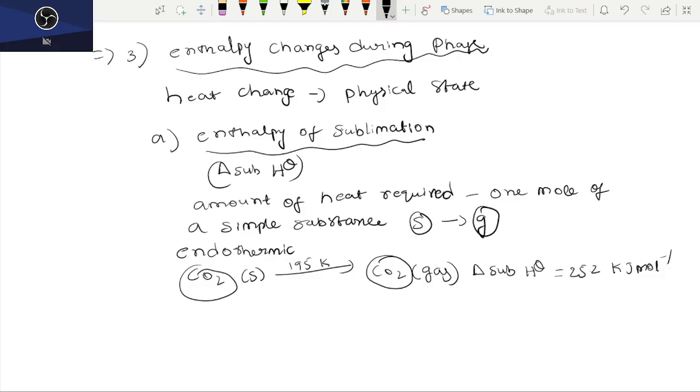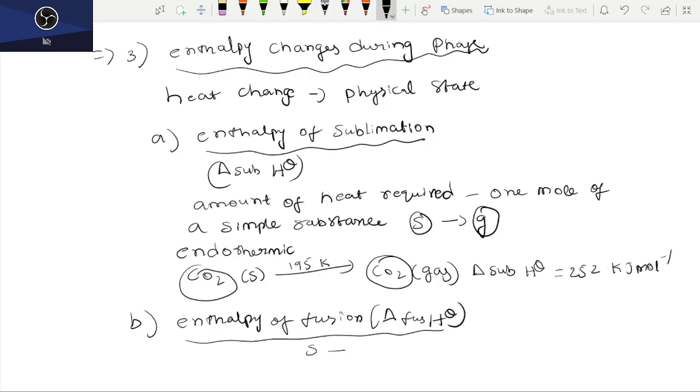Okay. Now B, what is B here? Enthalpy of fusion. If you carefully see, enthalpy of fusion, ΔfusH°, right? It is the amount of heat required to convert 1 mole of solid into 1 mole of liquid at 1 bar pressure.